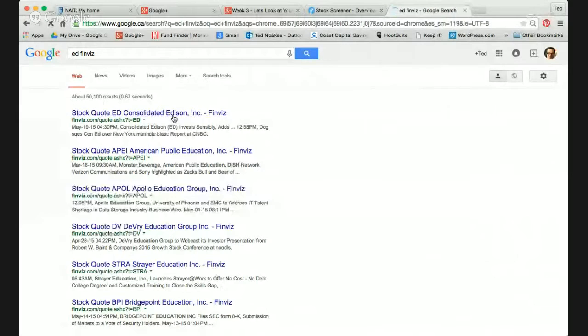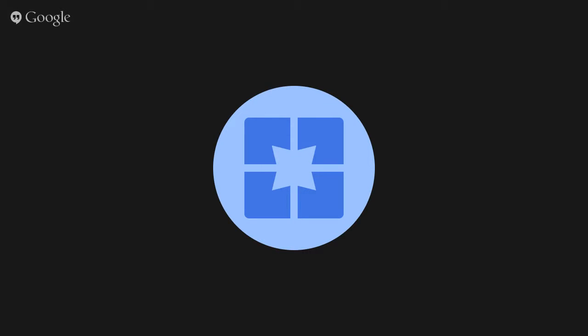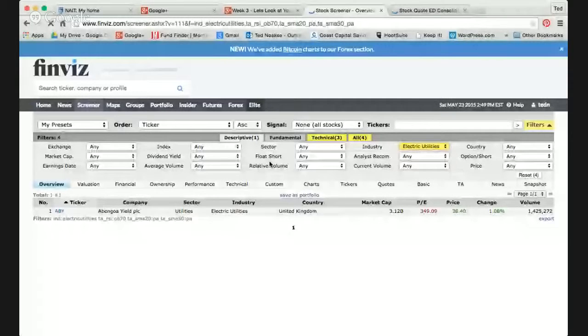Consolidated Edison's industry, as I'm looking through, is electrical utilities. So we'll go into industry. Let's see, is it under electrical utilities? Electrical utilities, Consolidated Edison, there. Turns out there's only one that really fit those criteria I put in.